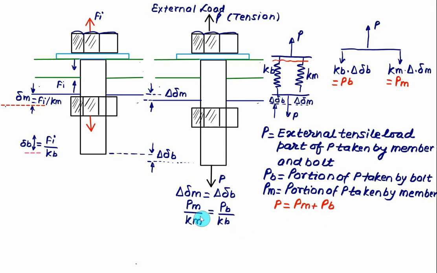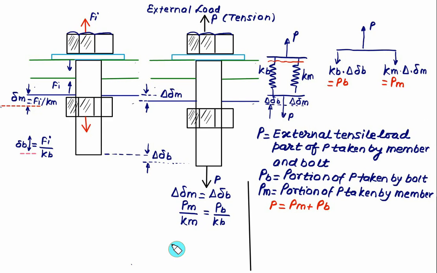Now finally we are left with two equations. One is PM upon Km is the same as PB upon KB, and we have P is equal to PM plus PB. So we can solve either in terms of PM or in terms of PB. Here I will solve for PM. In that case I will get PM equal to Km divided by KB multiplied by PB. And this substitution we will do in this equation.